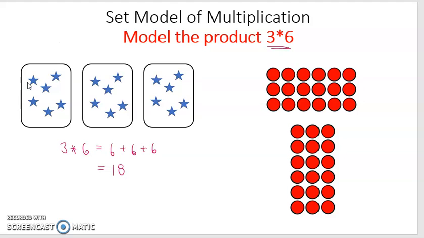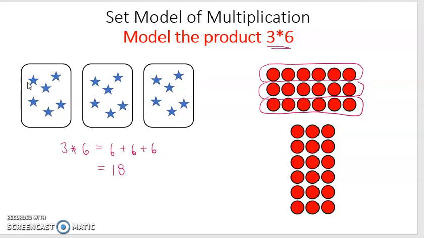I've got 3 sets, each row representing a set, 3 sets of 6 dots. So they're basically the same as the set model on the left. If you envision the rows as being the sets, 3 sets of 6, the total number, 3 times 6, is 18.